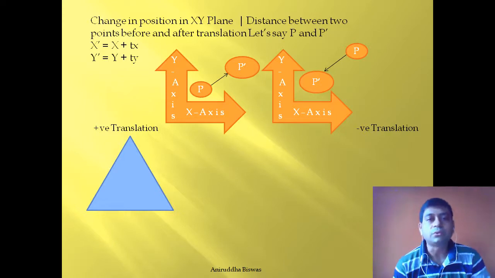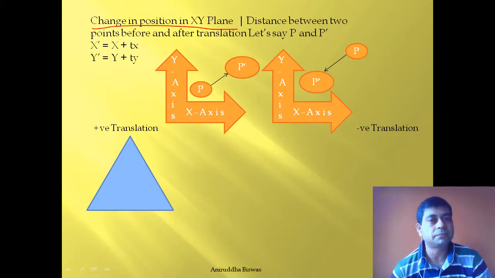If we look into these particular pictures, we will be able to clarify what translation is. Translation is nothing but change in position in the x and y plane. Very simple. Here, the distance between two points before and after translation, right? So let's say P and P dashed. This is the first point P and this is the last point P dashed.